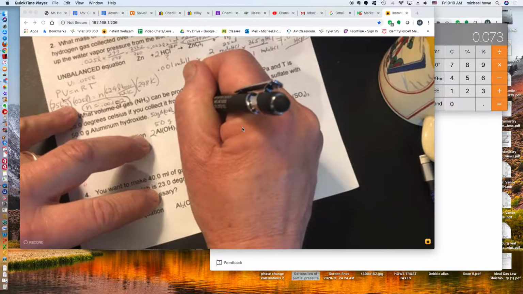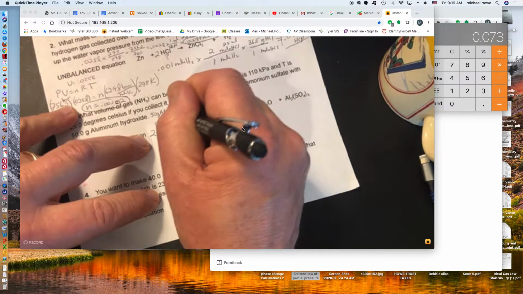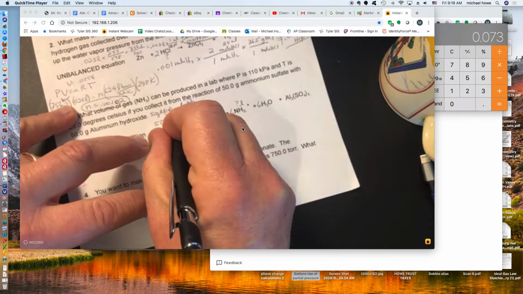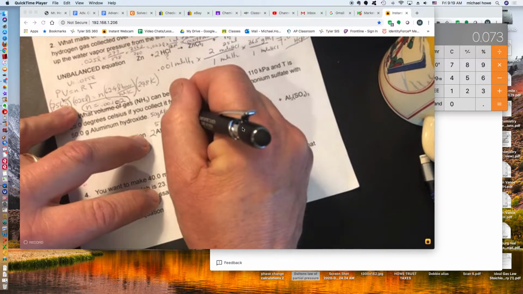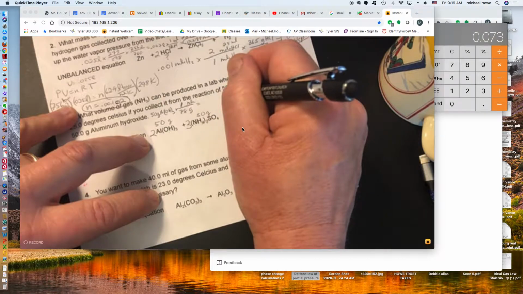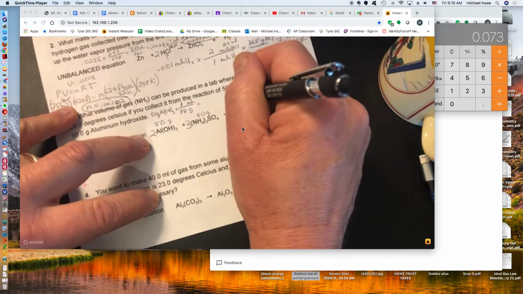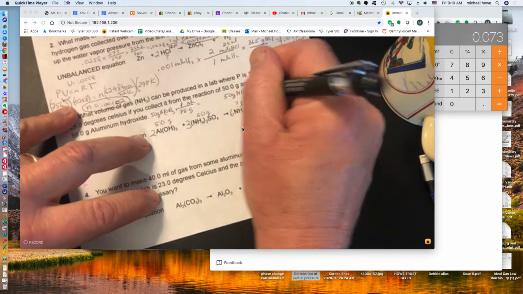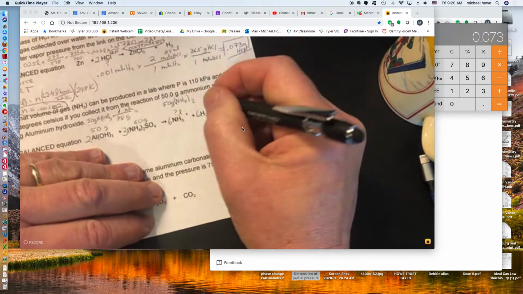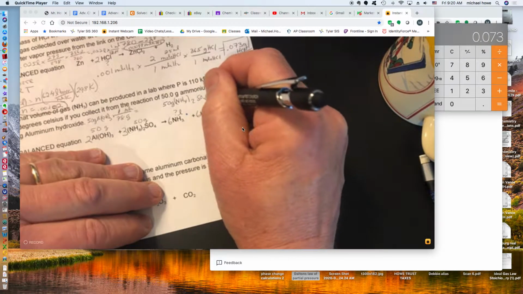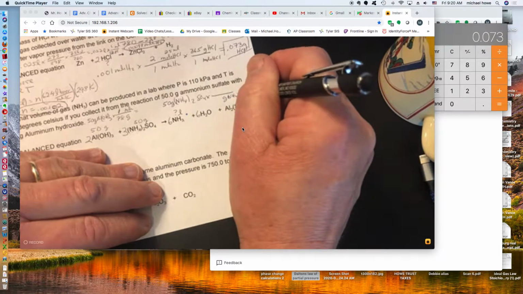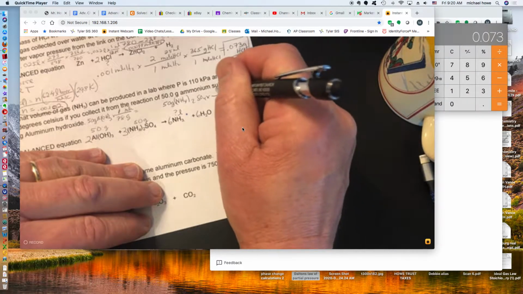Put grams here, put moles here, and 1 mole of that, if you add them up, 16 plus 1 is 17, 17 times 3 is 51, 51 plus 27 is 78. Then the other one, we have 50 grams of ammonium sulfate. So you have grams of ammonium sulfate on the bottom, moles on top, 1.